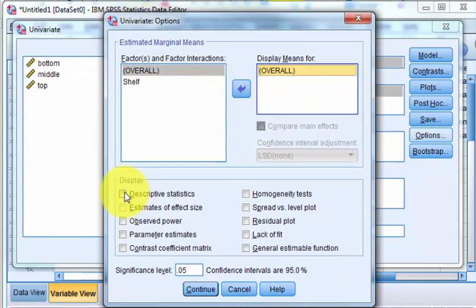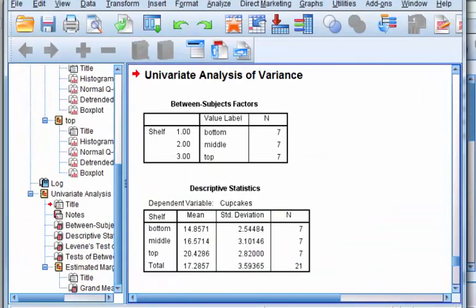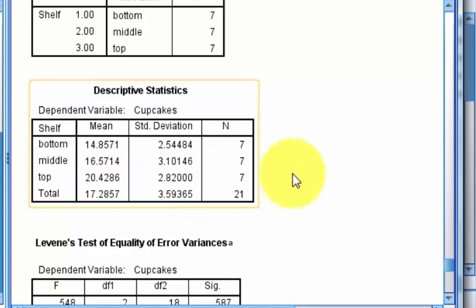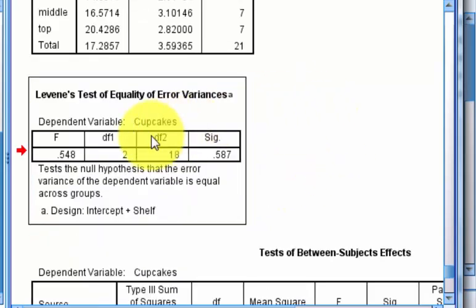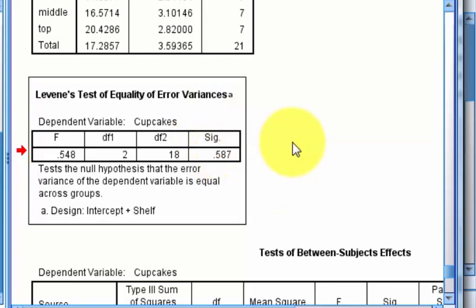Overall, you always want your descriptives, your effect size, and your power, and your homogeneity tests. And here is the output. This is how many in each group. This is how you name your groups. There's the means. Here's the Levene's test of homogeneity of variance. Did not violate, which we kind of already knew.